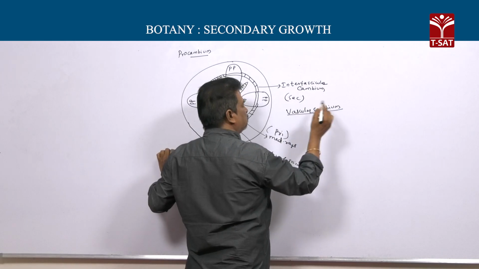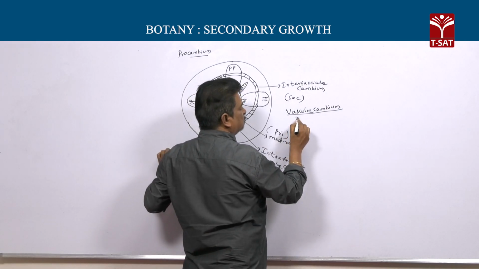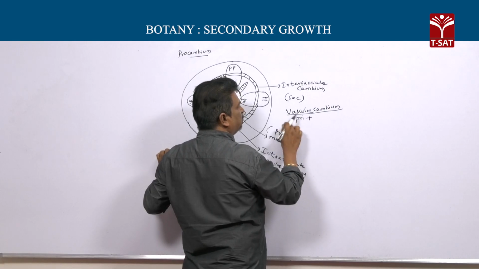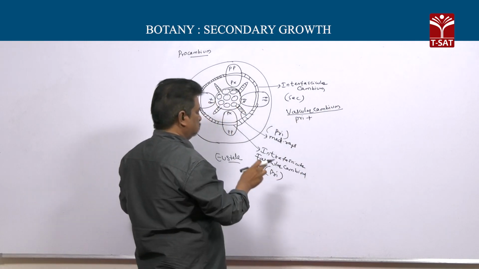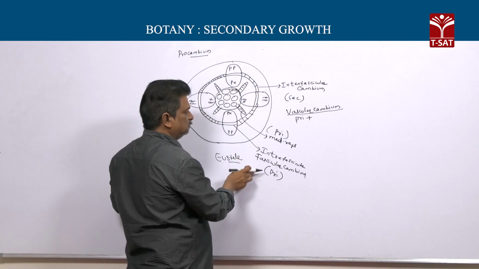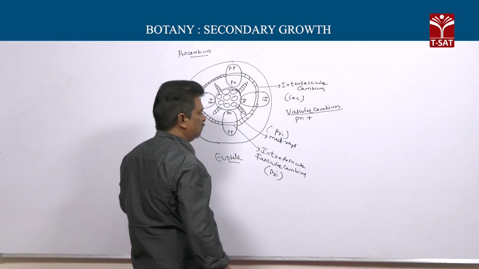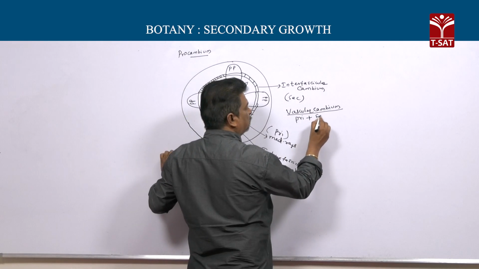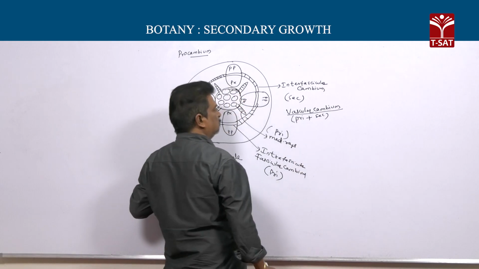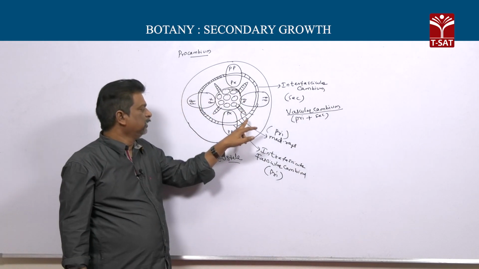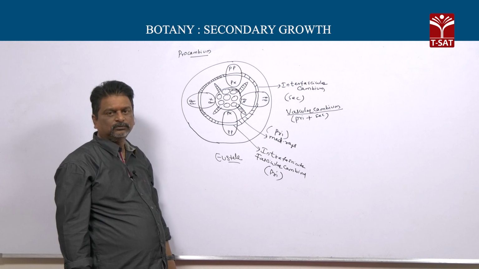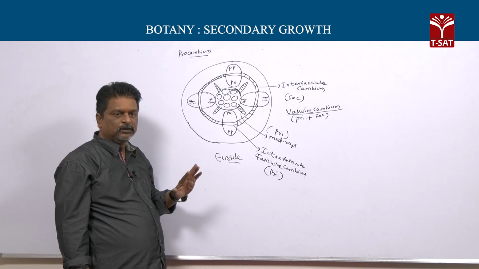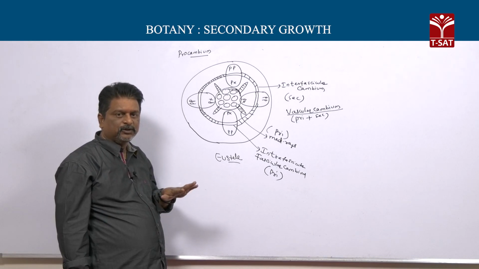So vascular cambium is lateral meristem, but it is partly primary, that is intrafascicular or fascicular, and partly secondary, that is interfascicular. So point is, generally lateral meristems are secondary. They participate in secondary growth.